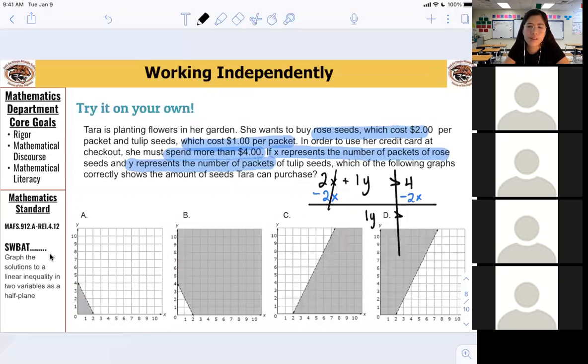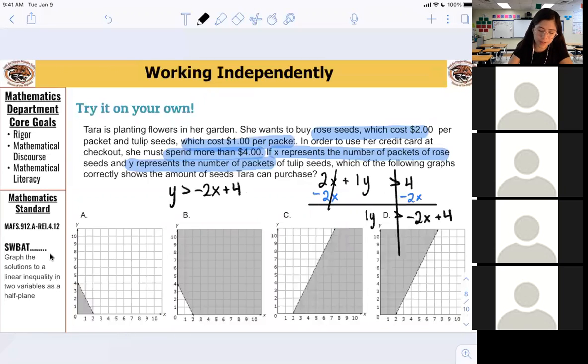Negative 2x plus 4. Right, we can't combine them, so we're going to keep them separate. Negative 2x plus 4. And technically in this last step, I would divide by 1, but dividing by 1 just gives me the same answer. So I'm going to leave it like that. I have y is greater than negative 2x plus 4.